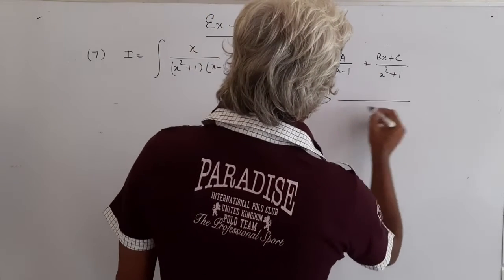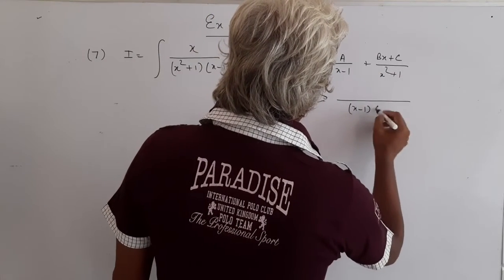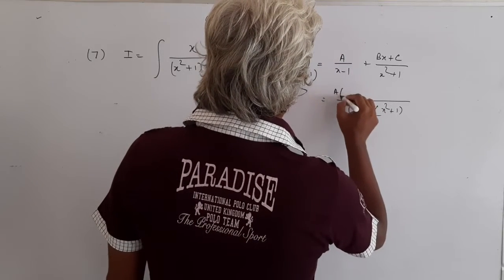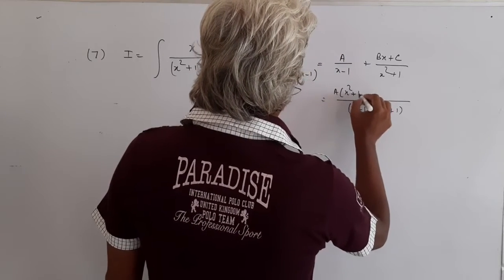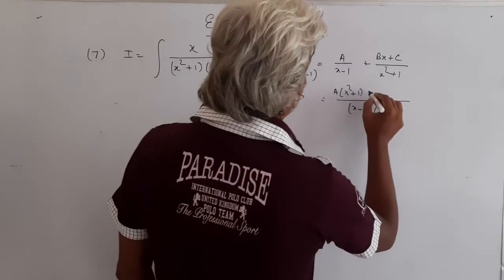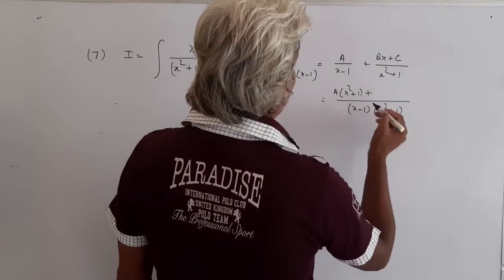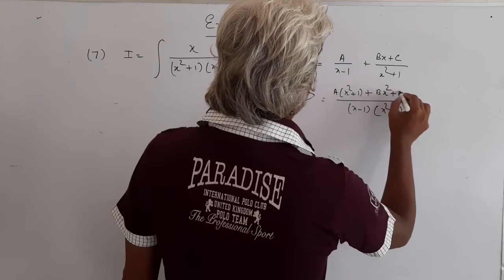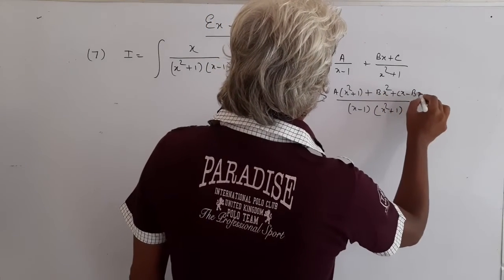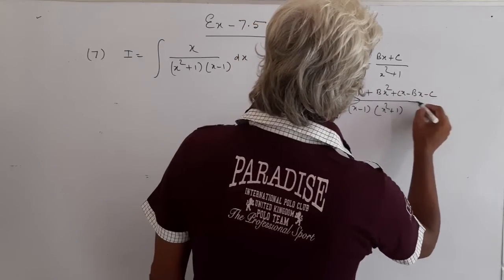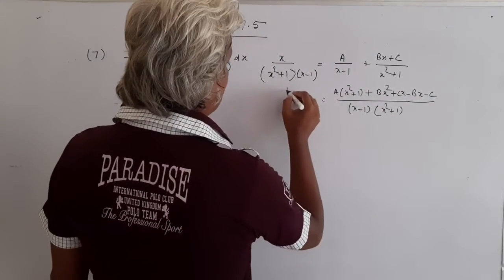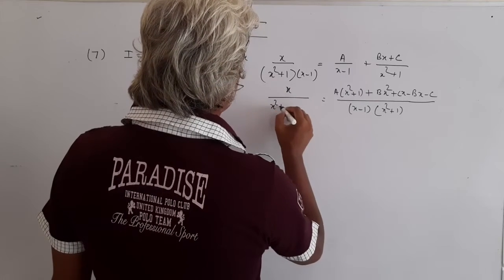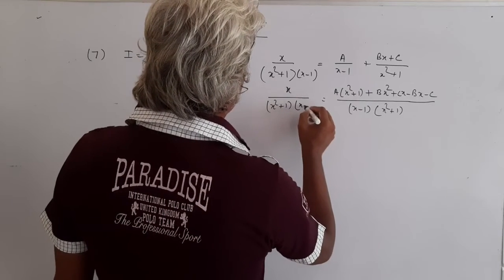Now as usual take the LCM, x minus 1 and x square plus 1. So this becomes a times (x square plus 1) plus, now you multiply this directly, bx square plus cx minus bx minus c, and this part as it is, x over (x square plus 1)(x minus 1).